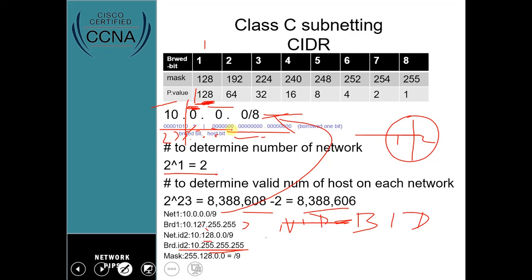If you convert it to decimal, 10000000 is going to give you 128. So the rest will be 0. So to find this last notation, we borrowed 1 bit. If we add 8 plus 1, it is going to give us 9. That's how we got this 9.